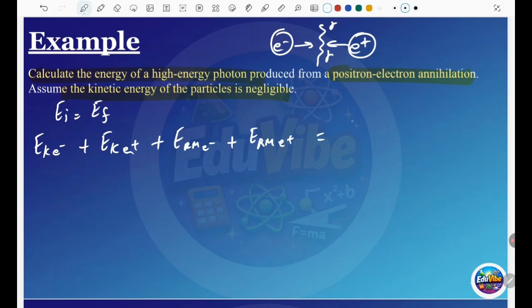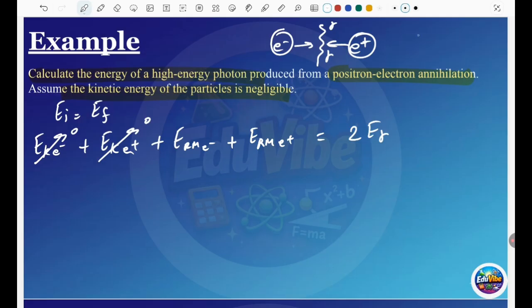When they collide, the final thing is that we get the two photons, with the energy of the two photons. Since the kinetic energies are negligible, they go to zero. Only the rest masses are involved at that time, so we only have to involve these two things.